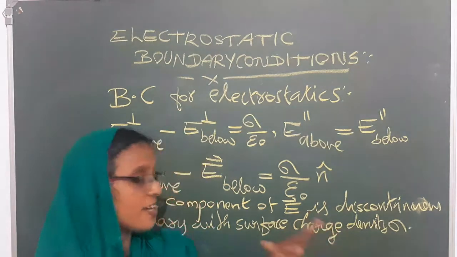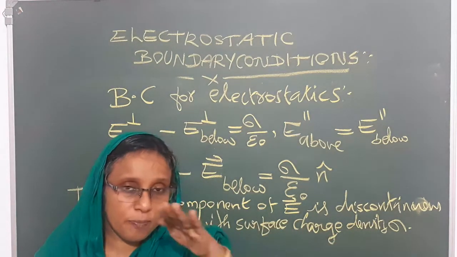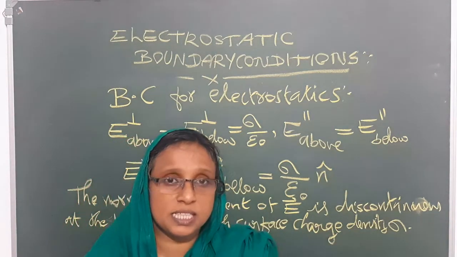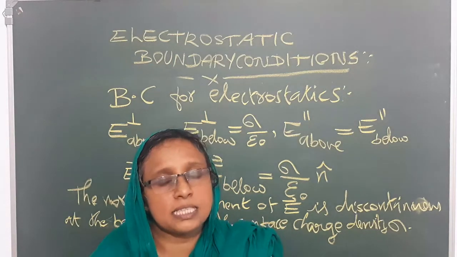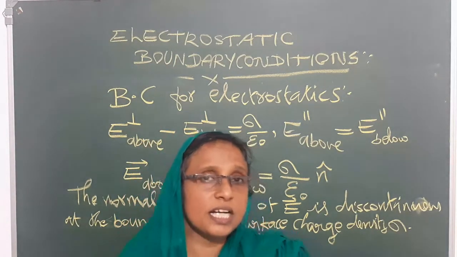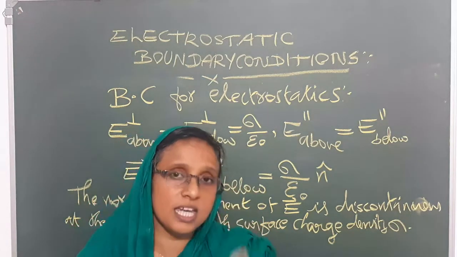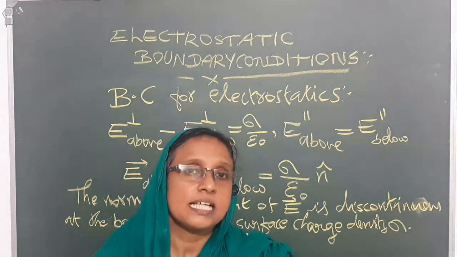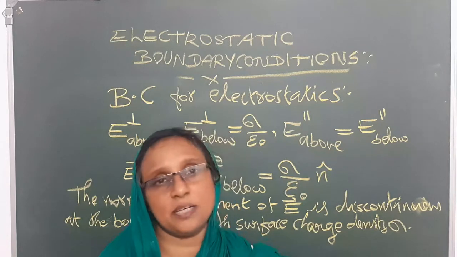So finally we conclude that if the boundary has no surface charge density, then the electric field is completely continuous. That means there is no discontinuity. Discontinuity happens only if the boundary has surface charge density sigma.